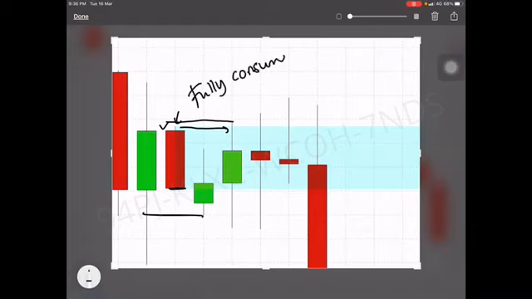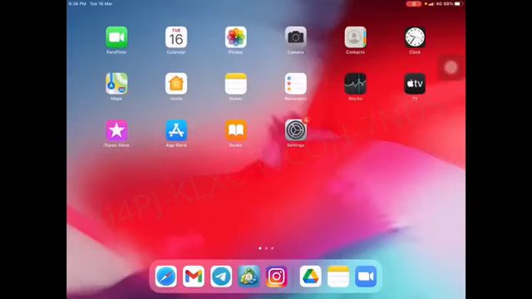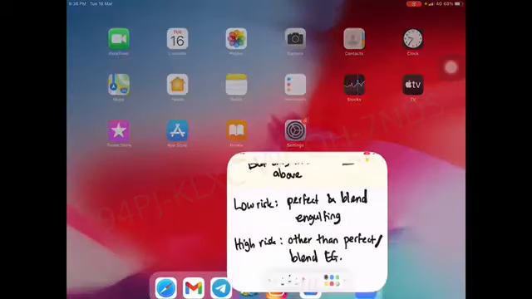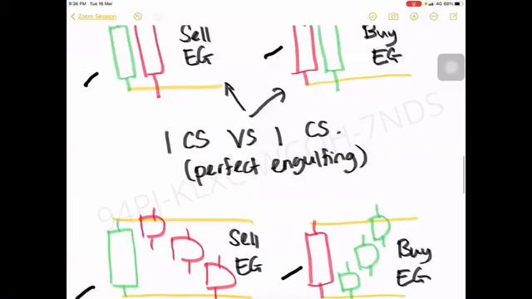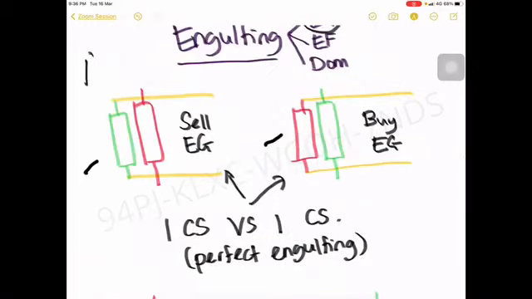When we have full consume, this will be low risk. We have three types. This is the first type: one candlestick eating one candlestick. This is low risk. And then we have number two. This is also low risk.